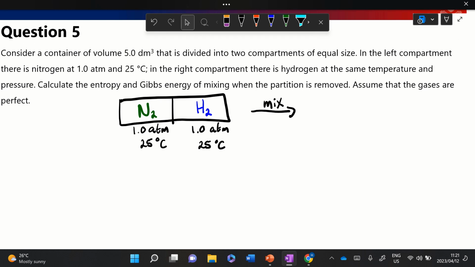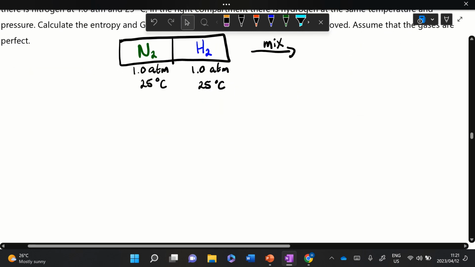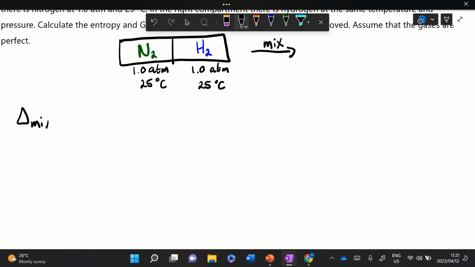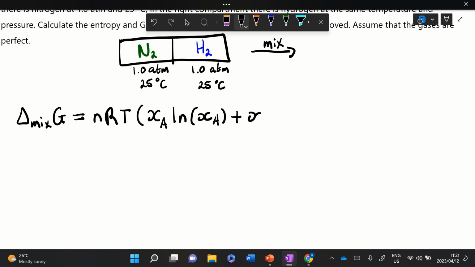So what we can use is our equation for the Gibbs energy of mixing. So in other words, we need to look at this equation, which says that the Gibbs energy of mixing is equal to nRT times a sum involving the mole fractions of the different gases.